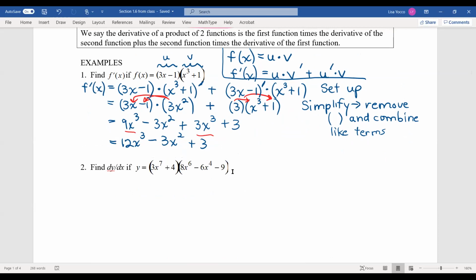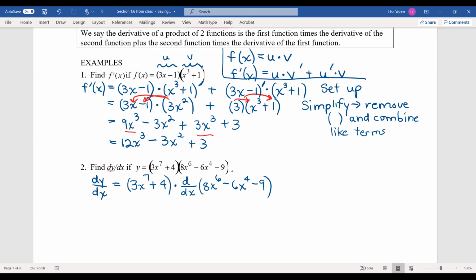All right. In problem 2, notice here we're using a different notation. That's the derivative of y with respect to x, but it's the same thing. So I'll take the first function times, I'm gonna pop in this notation too. Again, this is just another notation.